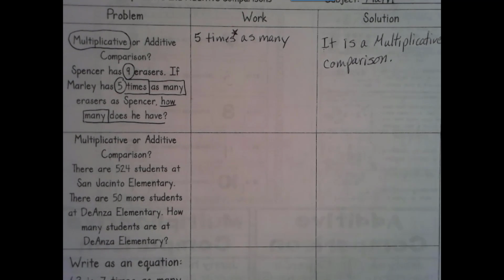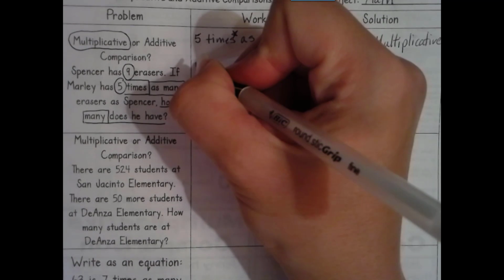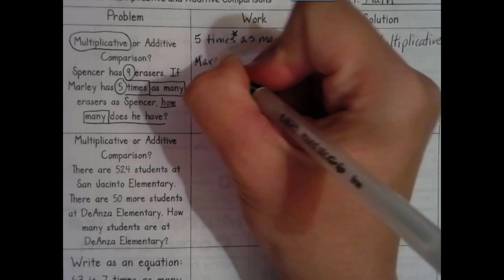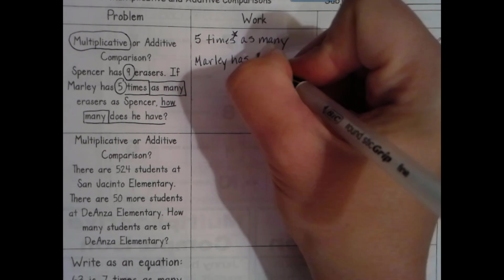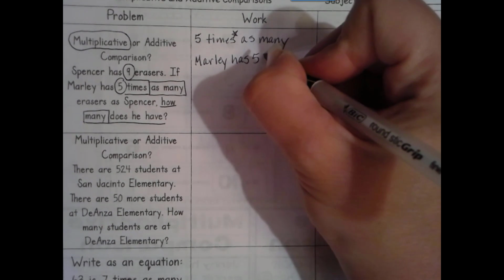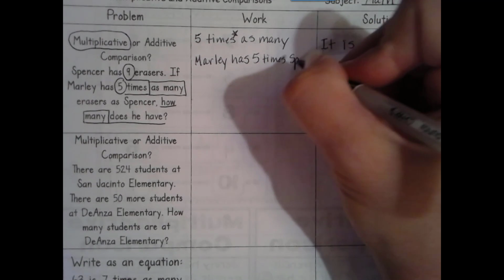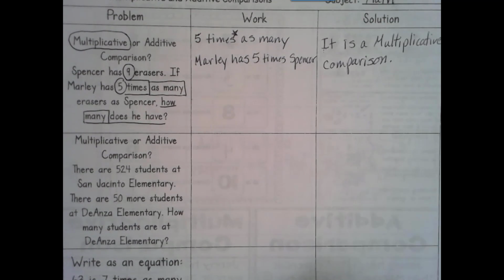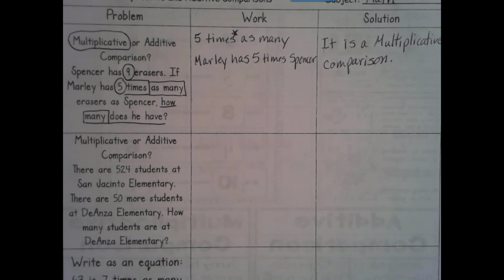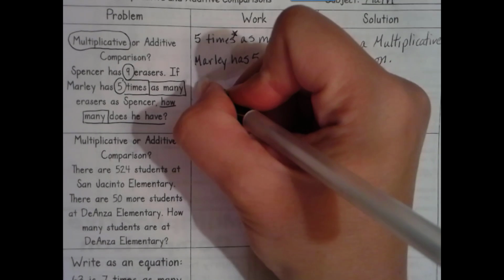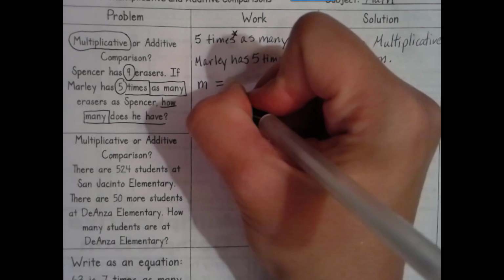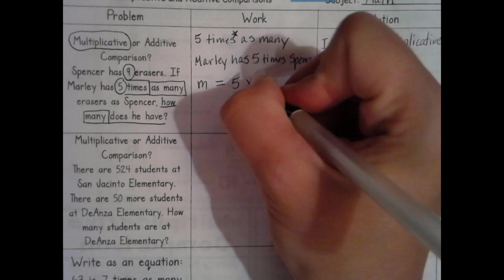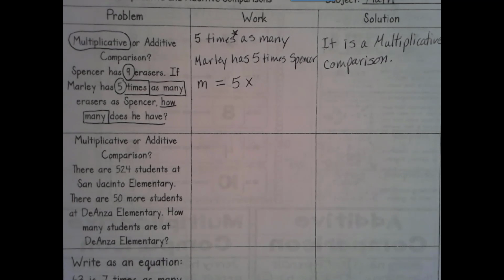So Marley has 5 times Spencer. So Marley, I'm going to use M, has is equals 5 times, and how many does Spencer have?